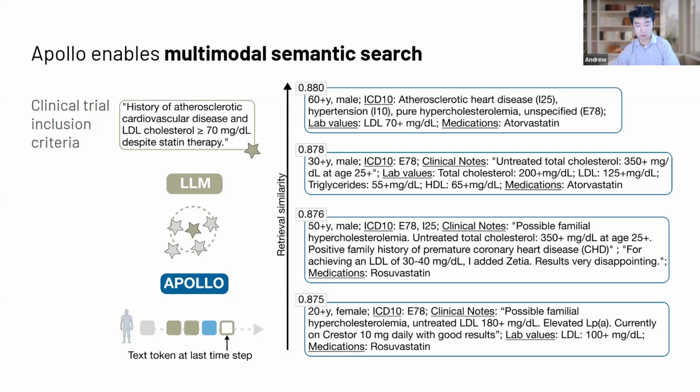Just searching using that text string, we can match patients that satisfy all those criteria, going from the text embedding to the patient embedding. This is very exciting because it means the model has really learned that all these modalities have gone into the same space.